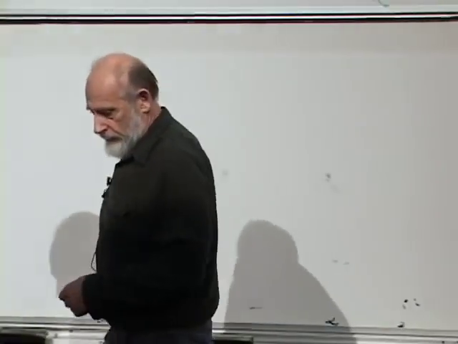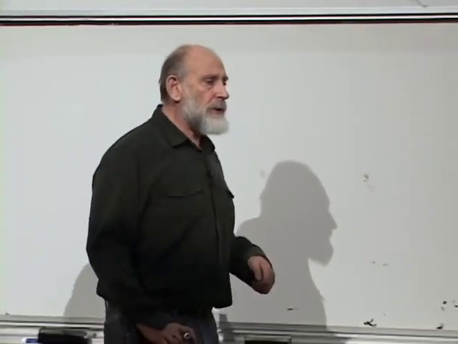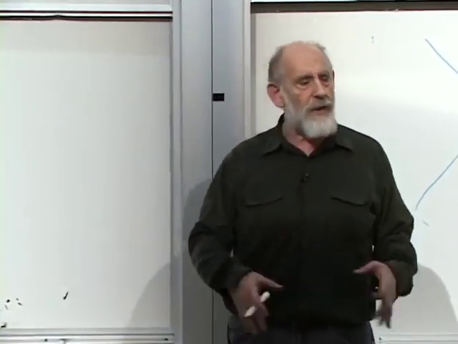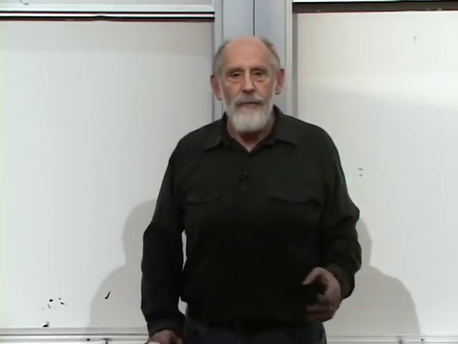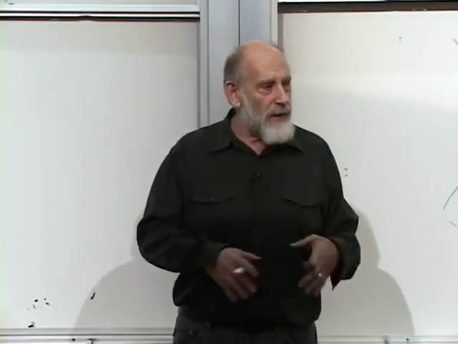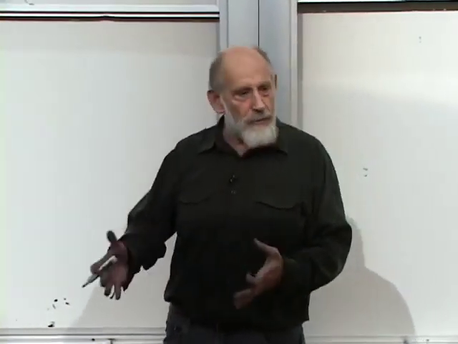Okay, so I'm simply going to write the answer down, and we'll look at it. We'll recognize everything about it, but for some pieces we'll recognize why they are the way they are. Other pieces I will simply have to tell you.